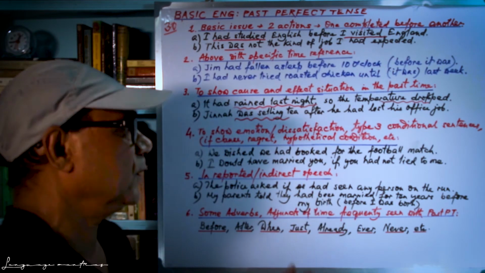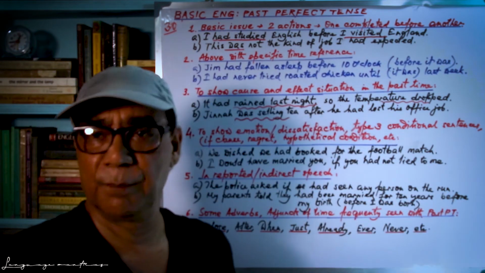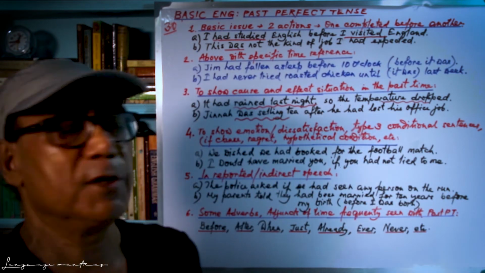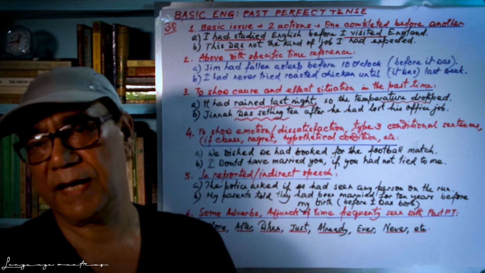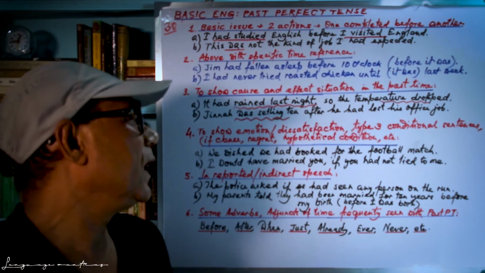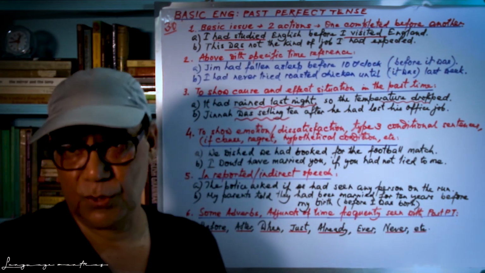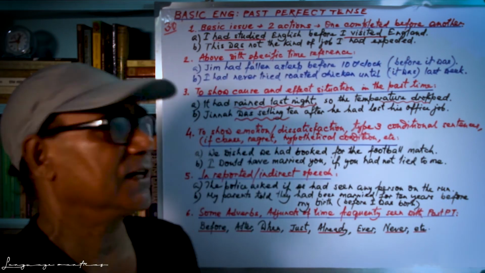This way it is possible. You can bring this one first, and I would have married you can be placed later. There is no problem. So condition is there. This is a hypothetical situation that I would have married you if you had not lied. Since you had lied first, that comes in the past perfect tense.